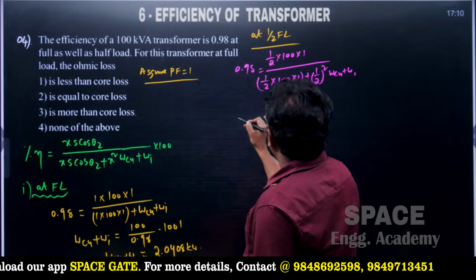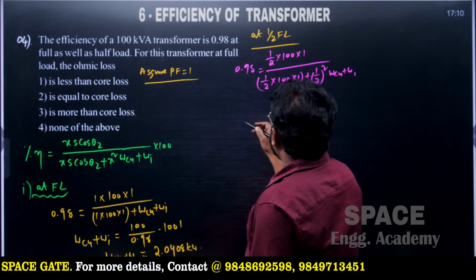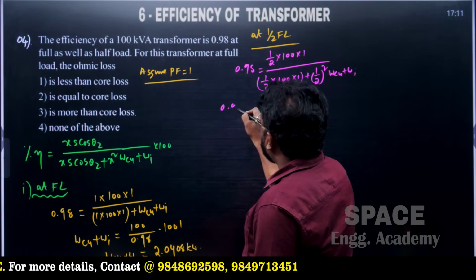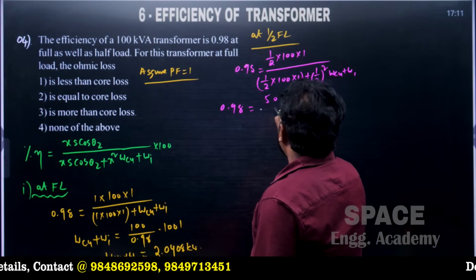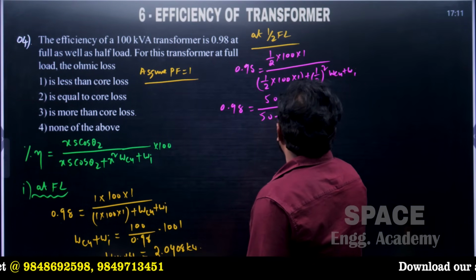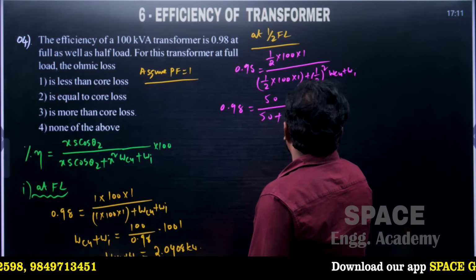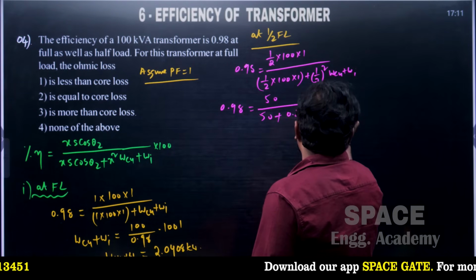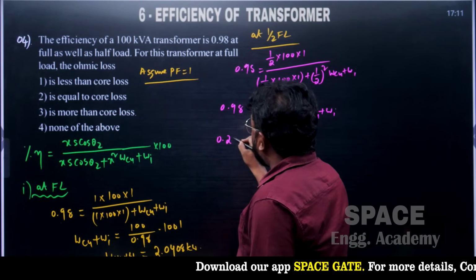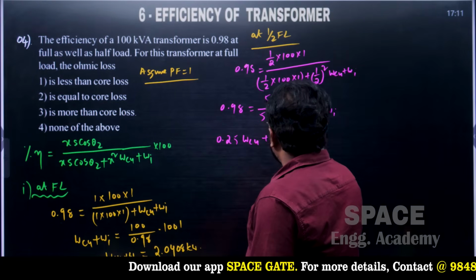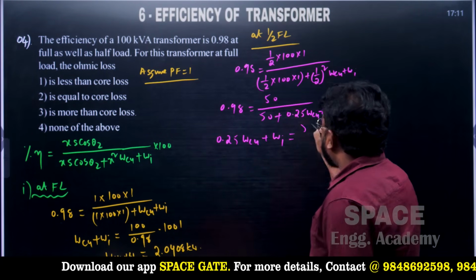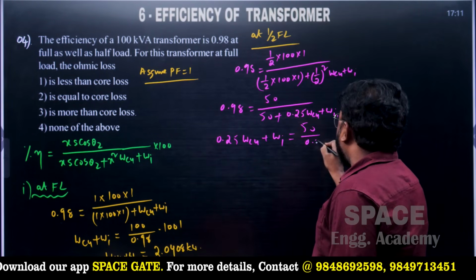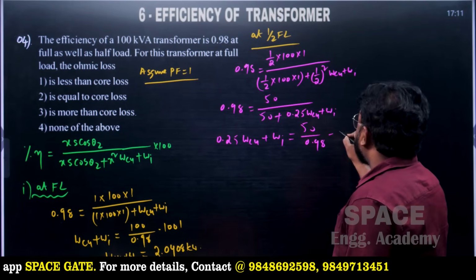By simplification, 0.98 equals 50 divided by 50 plus 0.25 copper losses plus iron losses. So 0.25 copper losses plus iron losses is equal to 50 divided by 0.98 minus 50.